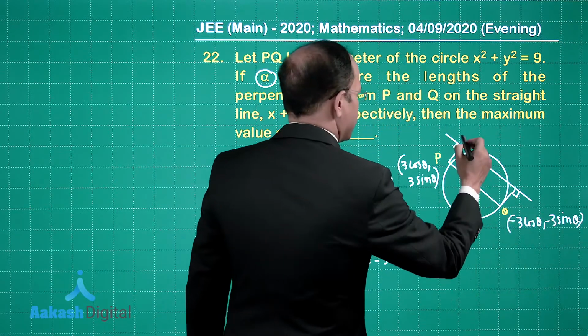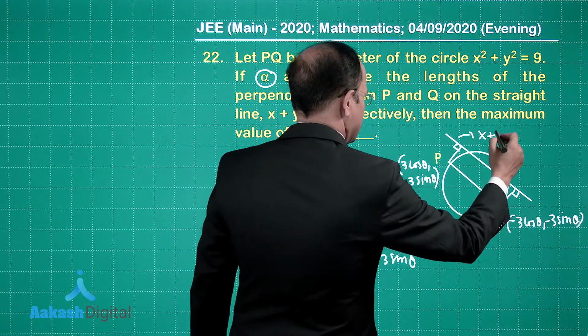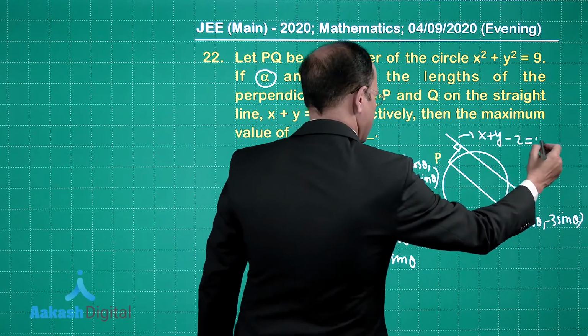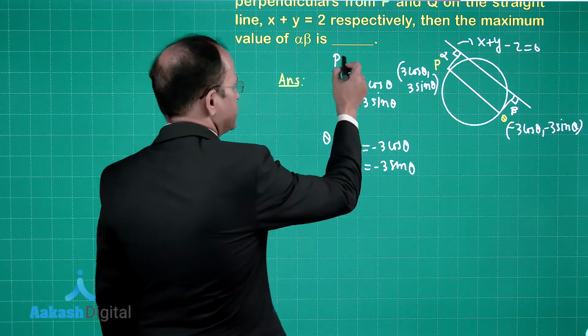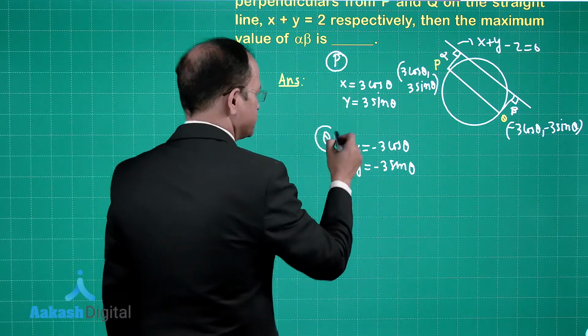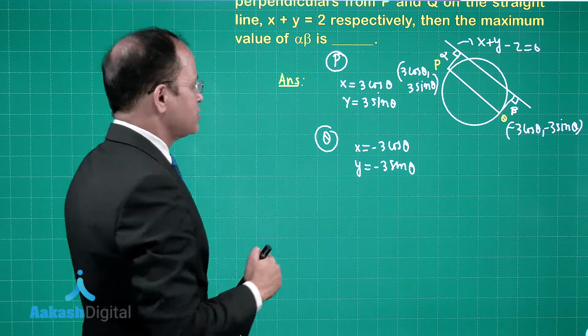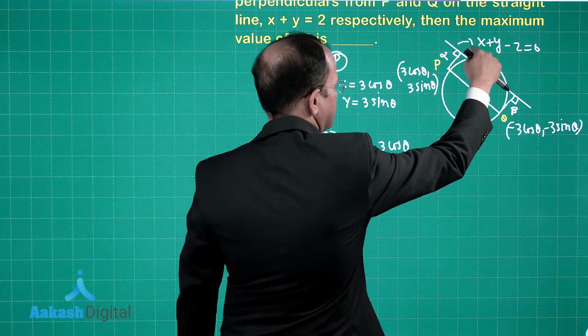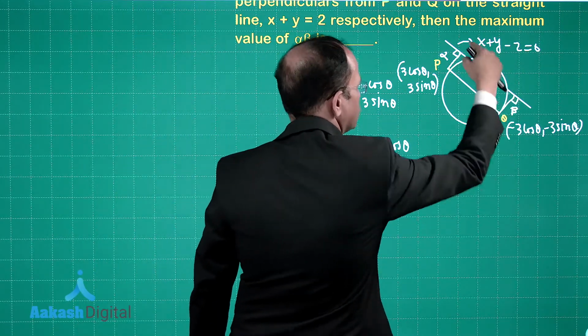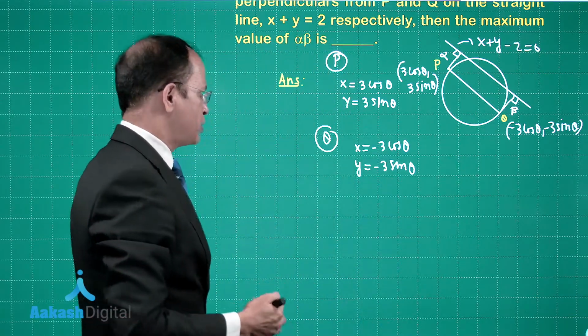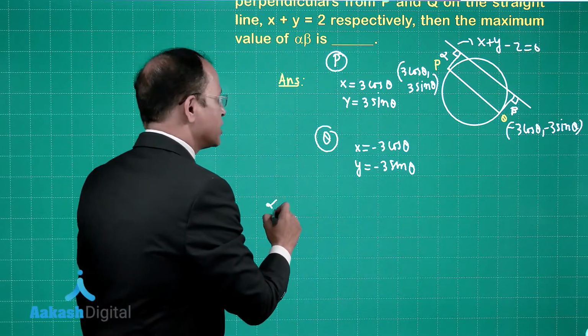And what is the line? Line is nothing but x plus y minus 2 is equal to 0. So we can find from point P and point Q the perpendicular distance. From P on this line, and from Q also on this line x plus y minus 2 is equal to 0. Now here it has been given alpha.